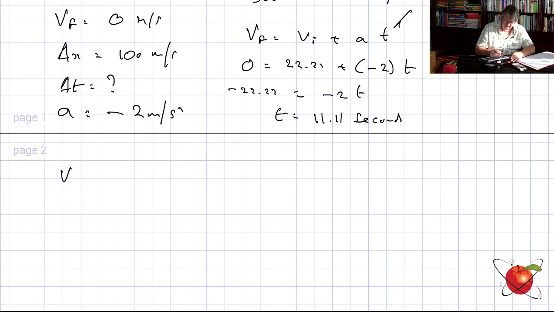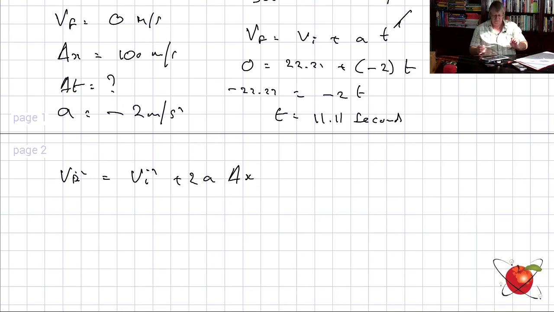Vf squared equals Vi squared plus 2a delta x. Let us now put in these values and see what is necessary in order for us to stop.